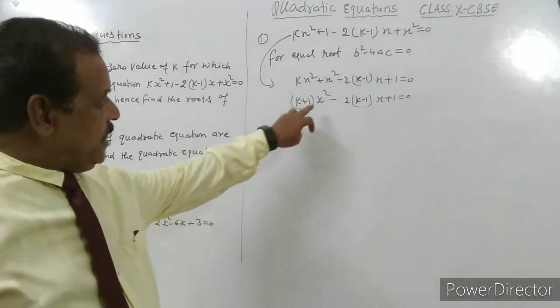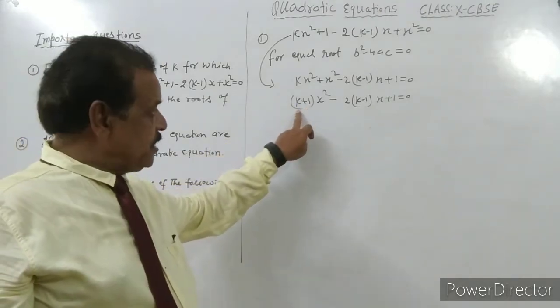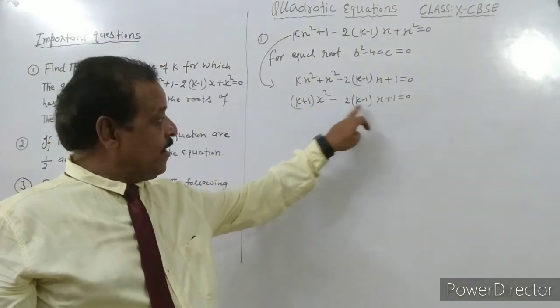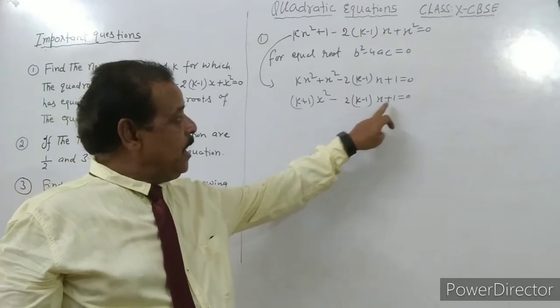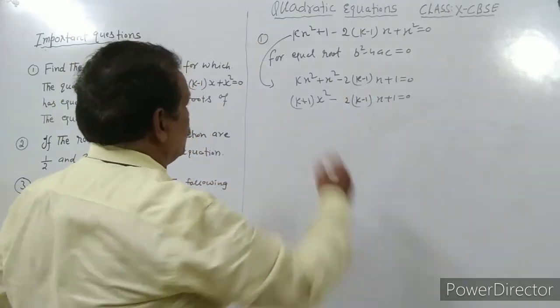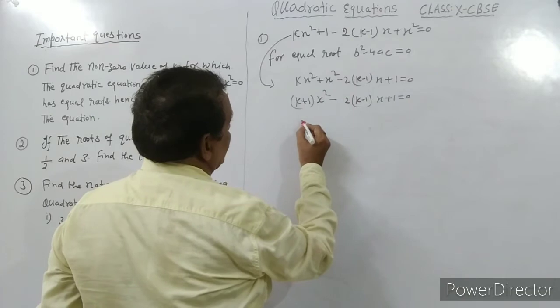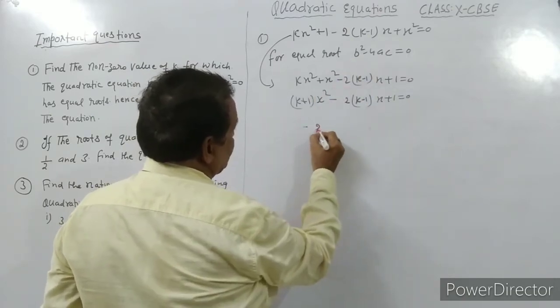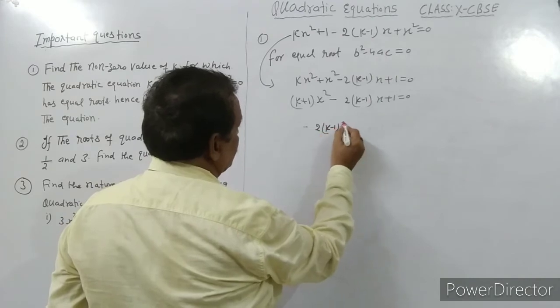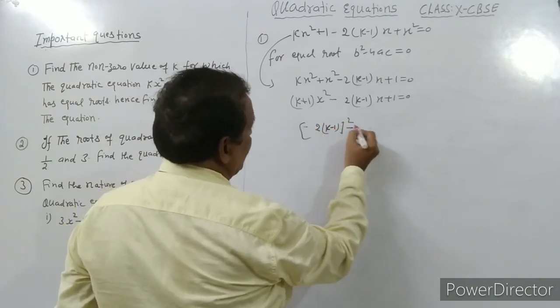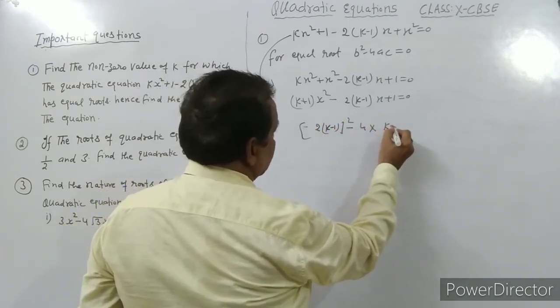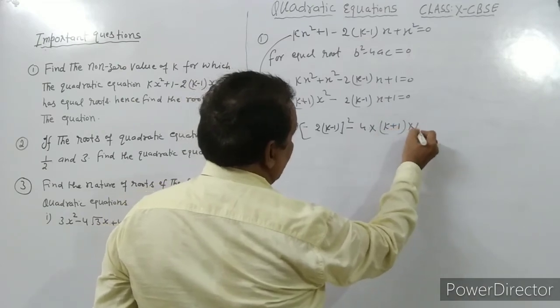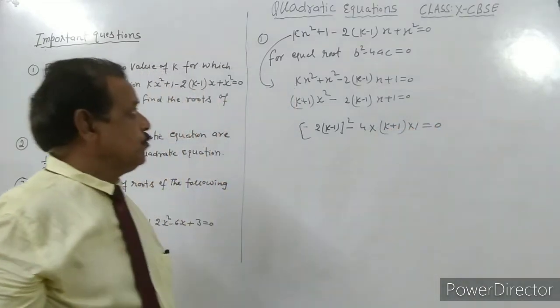So a, the coefficient of x square, is k plus 1, b, the coefficient of x, is minus 2k minus 1, and c is 1. Put in the discriminant for equal roots: b square minus 4ac, so minus 2k minus 1 whole square minus 4 into k plus 1 into 1 is equal to 0.